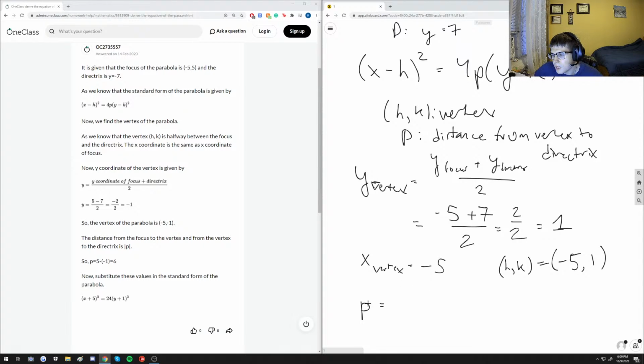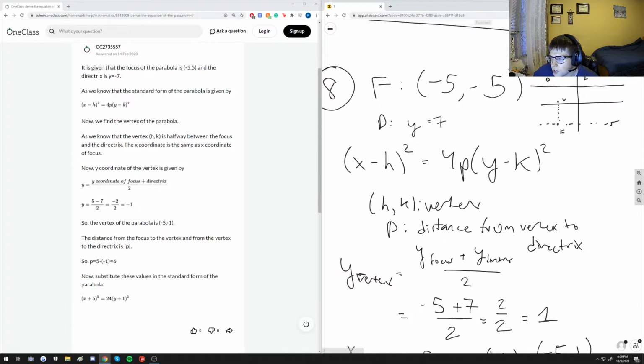If we take the absolute value, because we want the actual distance to be positive, we take the y location of the focus, which is -5, and subtract it from the y location of the vertex, which is 1. This is the same as the absolute value of -6, which gives us 6. So our p is 6.